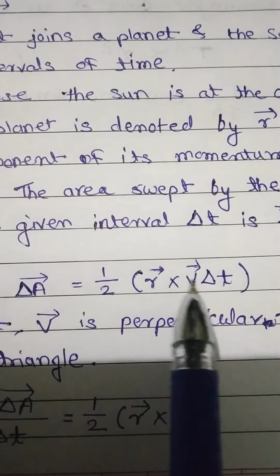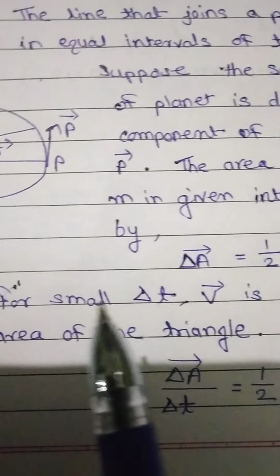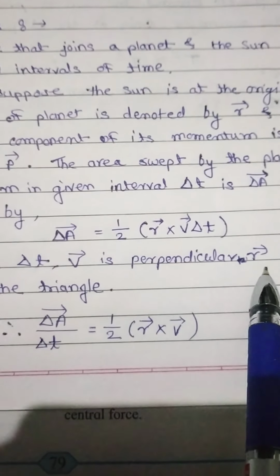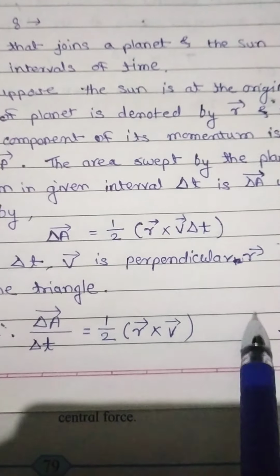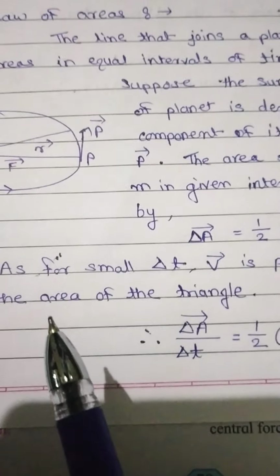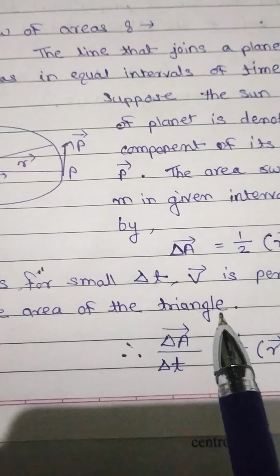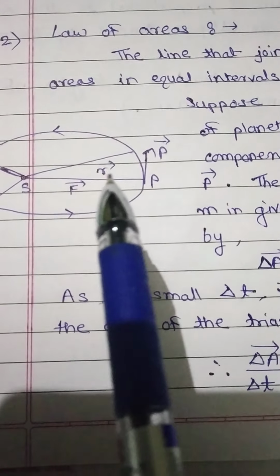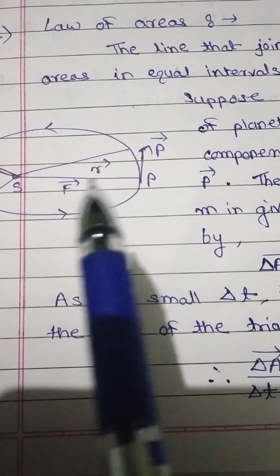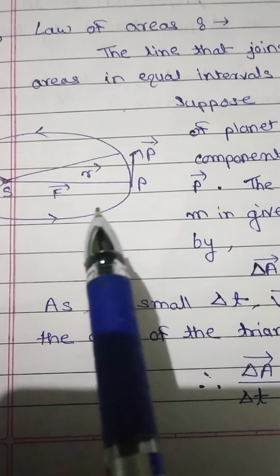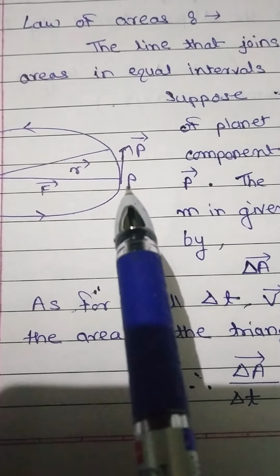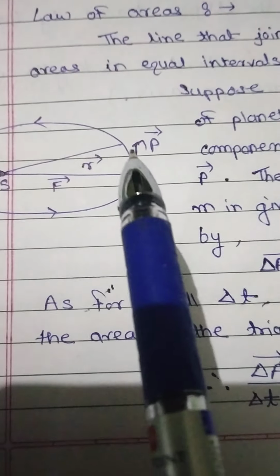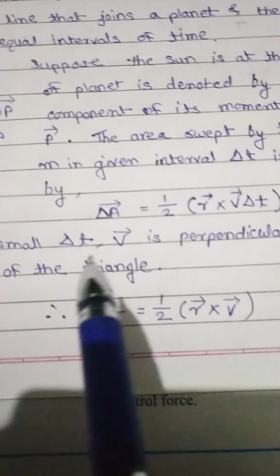For small delta t, v is perpendicular to r vector, and this gives the area of the triangle. Now see this figure: r is the position vector, F is the force, and p vector is the momentum. So here we create a triangle.